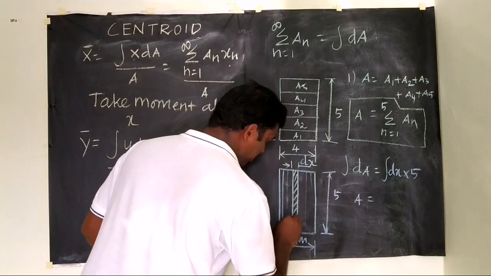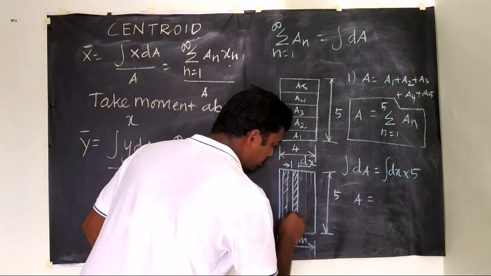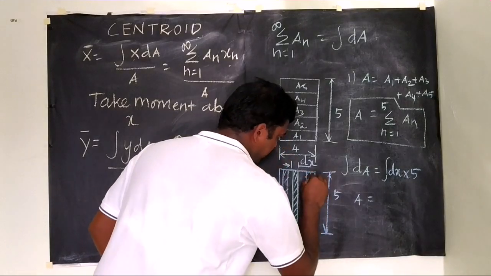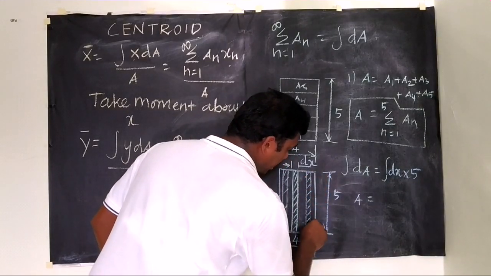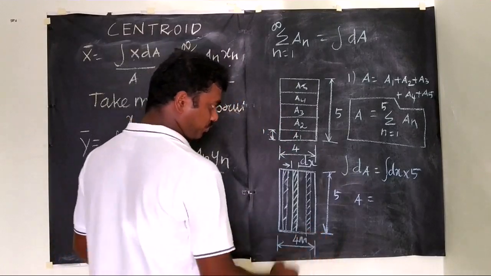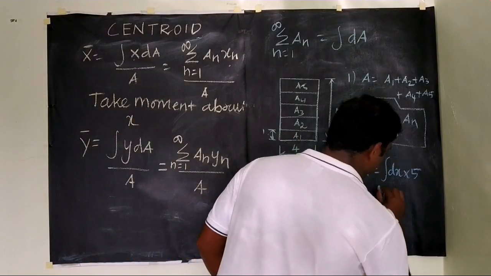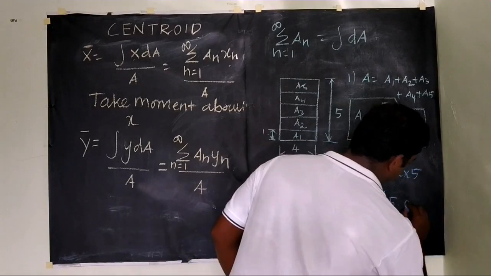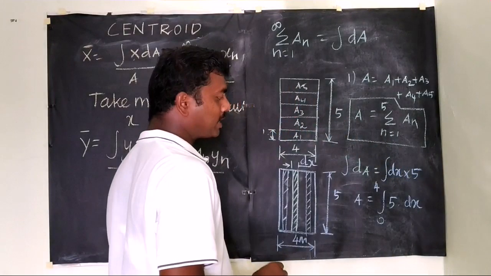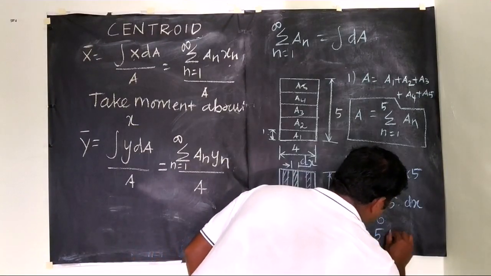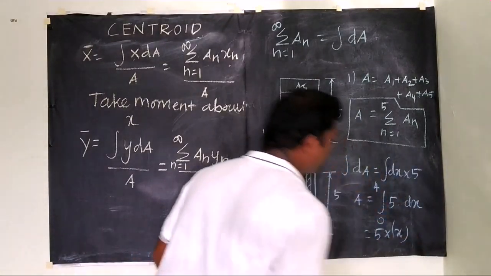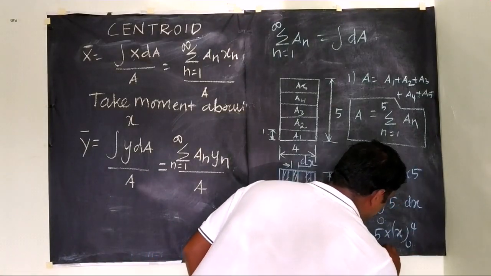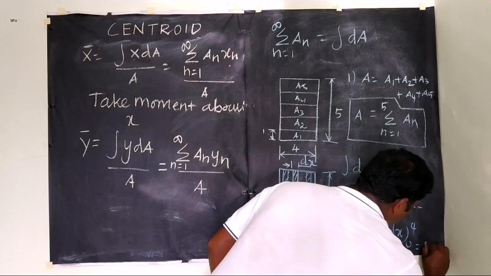You may take it here or here, anywhere on the x-axis. So here the limit varies from 0 to 4, then 5, then dx. Then integral of dx is nothing but x. Then 5 into x, its limit varies from 0 to 4, then 5 into 4 is 20.